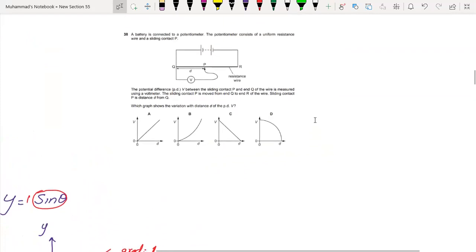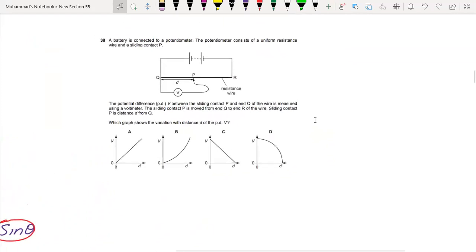One last situation. You can see in this question that a battery is connected to a potentiometer. Potentiometer consists of uniform resistance wire. This is uniform resistance wire. And potential difference between 2 points Q and P is measured.